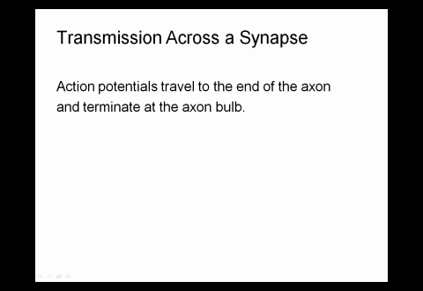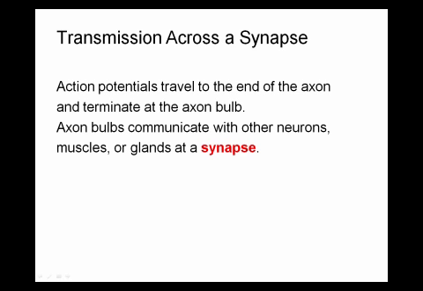This creates a wave of activity that's going to continue the entire length of the axon, and it terminates at the end of the axon, which is the axon bulb. The axon bulb can communicate with other neurons or glands or muscles, and this point of communication is called the synapse.